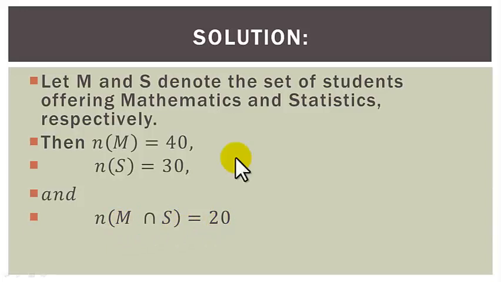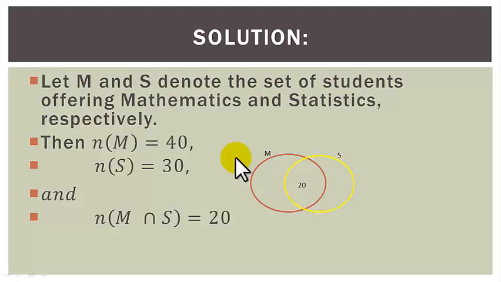Let us represent this in a Venn diagram. Draw a circle representing the set of students offering mathematics, and another circle representing the set of students offering statistics.